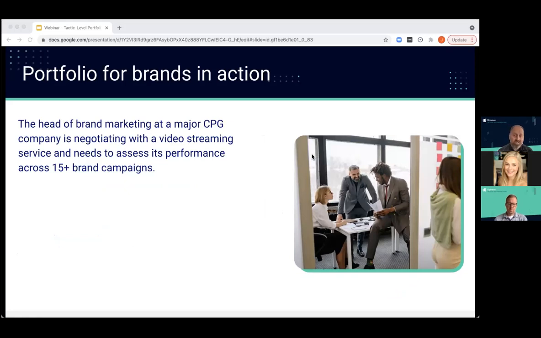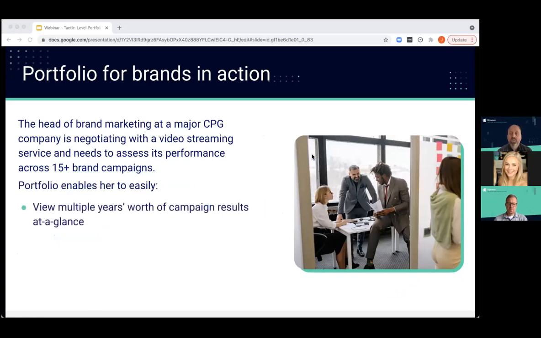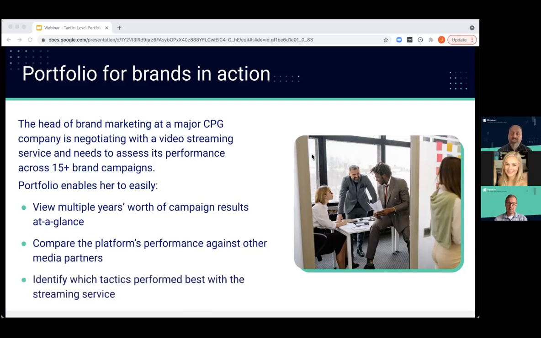Using tactic level portfolio analysis, she is able to view multiple years worth of campaign results at a glance, to compare the platform's performance against other media partners, and also to identify which tactics performed best with the specific streaming service that she's focused on.